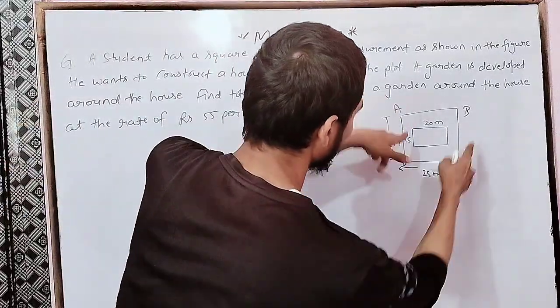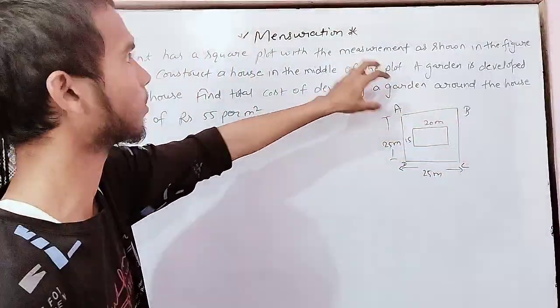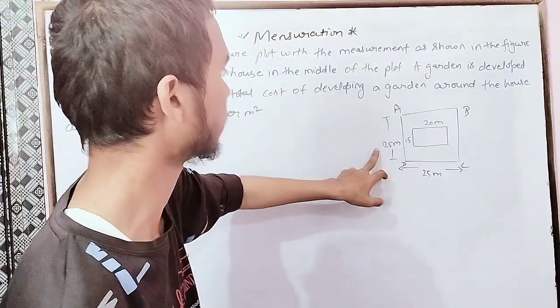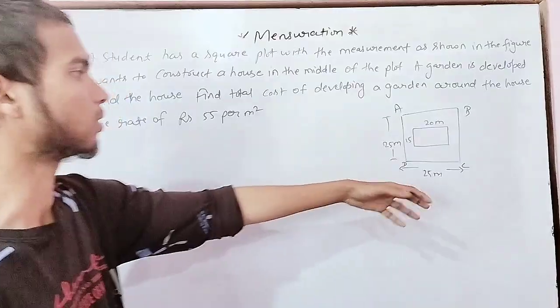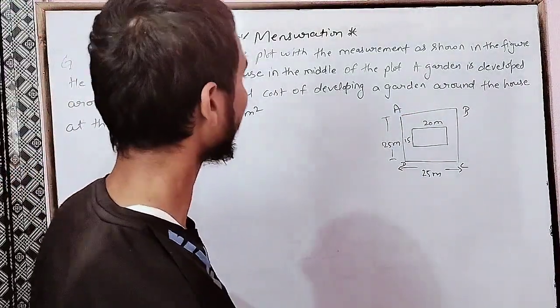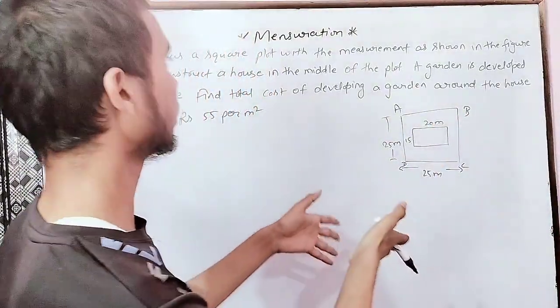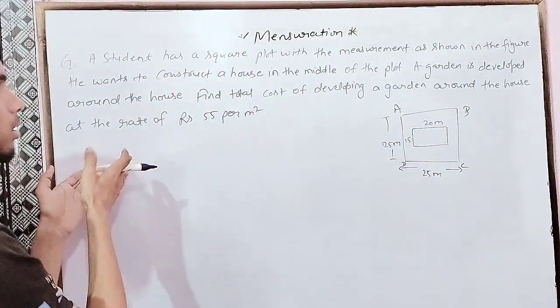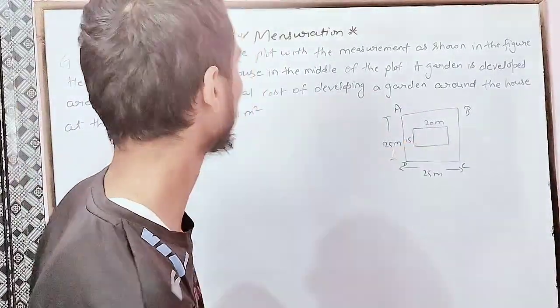This is a square, and this is not a square, this is a rectangle. So this is a square plot with the measurements as shown in the figure. The breadth is 25 meter, and the length is 25 meter. He wants to construct a house in the middle of the plot. This is the plot, and in the middle the student wants to construct a house. This would be the house.